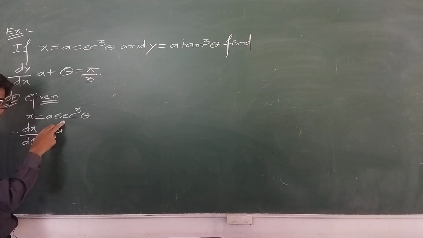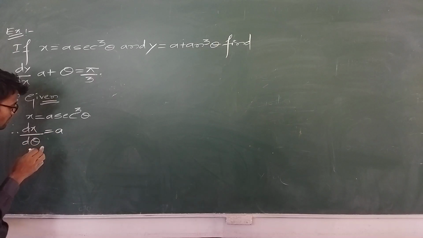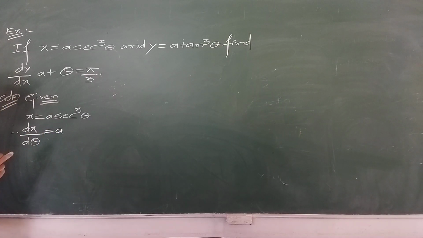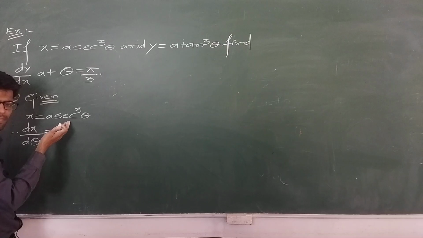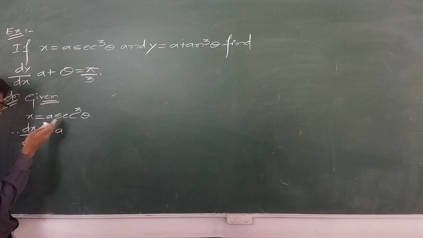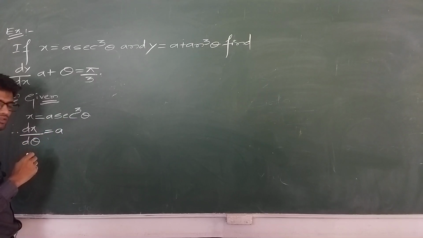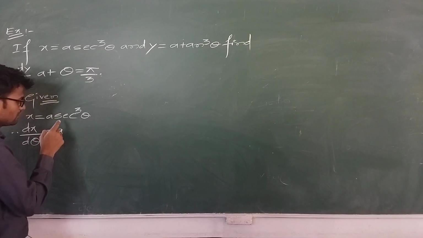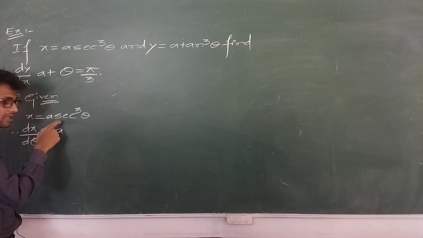Next, you go for the derivative of sec cube theta. Use the chain rule. First you differentiate the power, afterwards sec theta, and finally you differentiate theta with respect to theta.